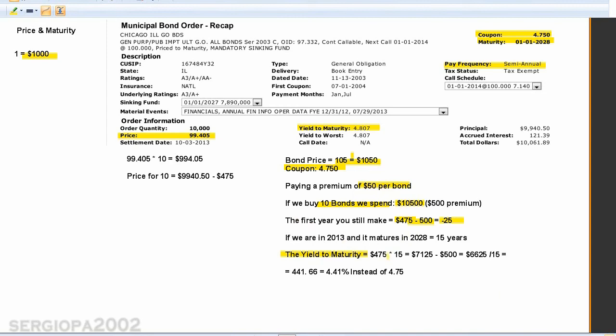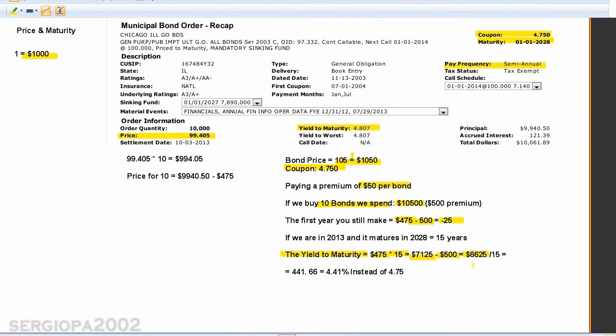So we have $475 that we get yearly of interest with this coupon and maturity date, and we multiply this by 15 years. That gives us $7,125. Because we paid a premium of $500, we have to subtract that from that amount. That gives us $6,625.